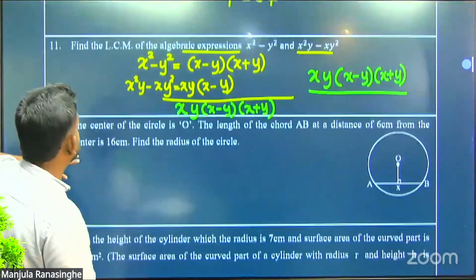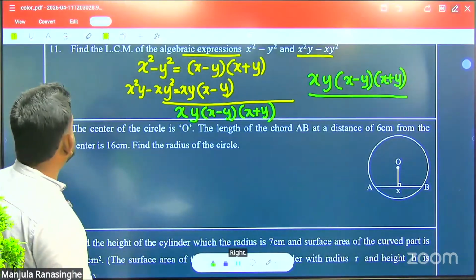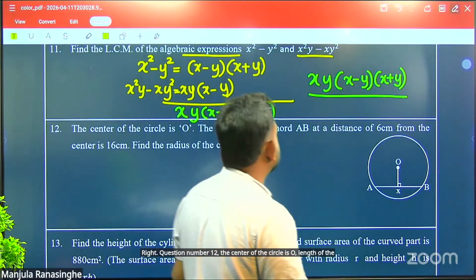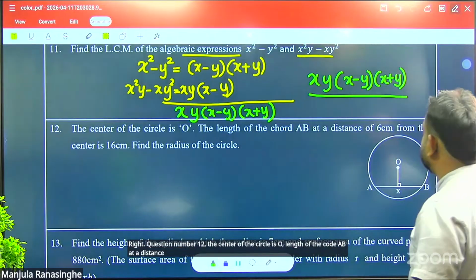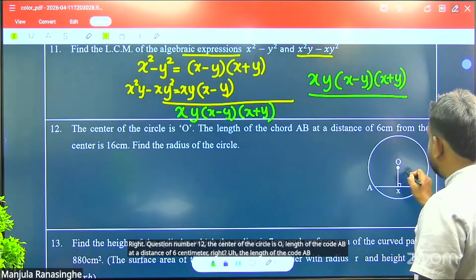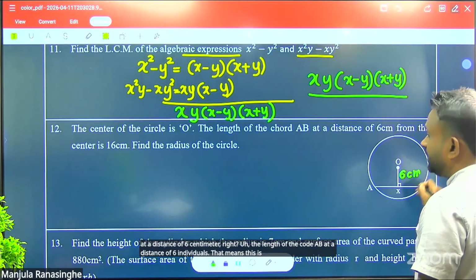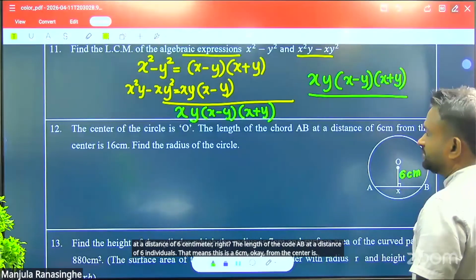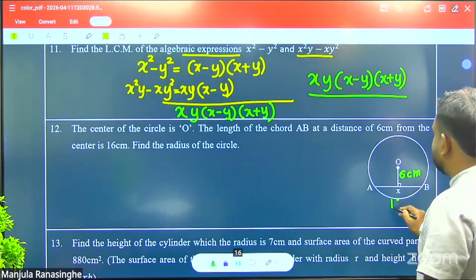Question number 12. The center of the circle is O. The length of the chord AB at a distance of 6 centimeter from the center is 16, so the AB chord is 16 centimeter.